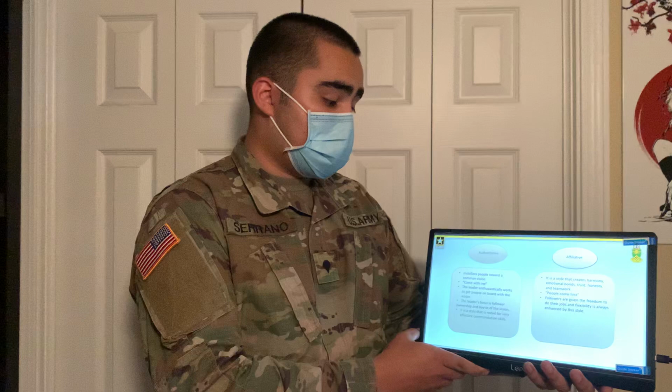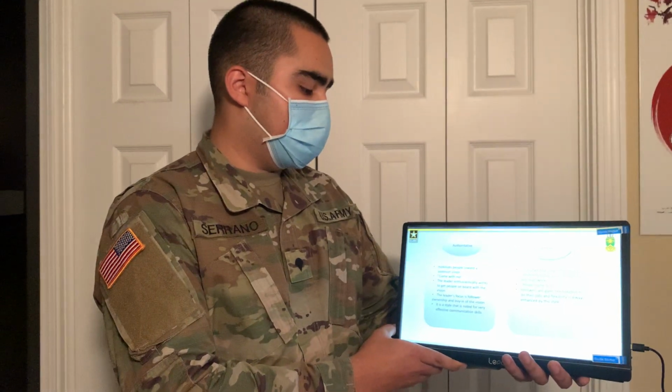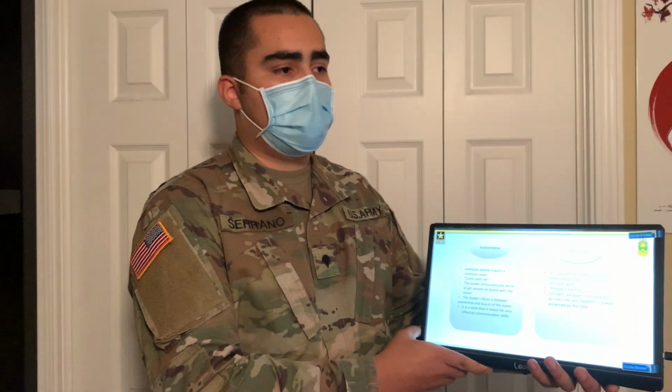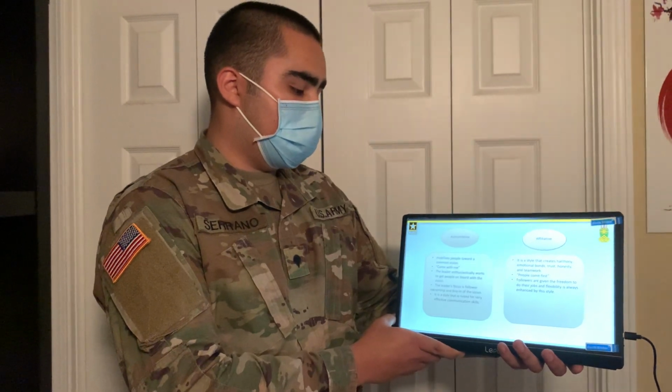The leader will be enthusiastic to get the people to work towards a common goal. The leader's focus is the followers' ownership, and to help the followers buy into the vision.